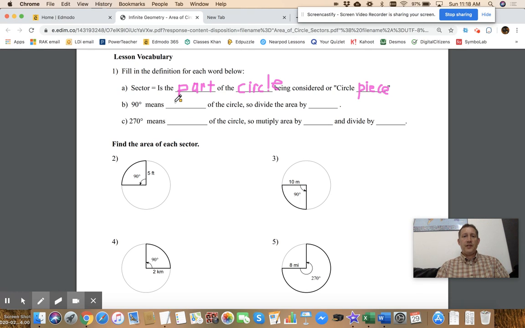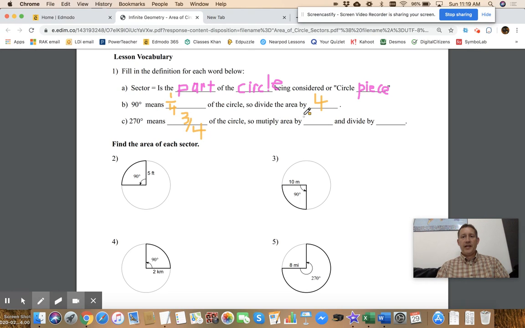90 degrees means 1/4 of the circle, so you're going to divide the area by 4. 270 means 3/4 of the circle.